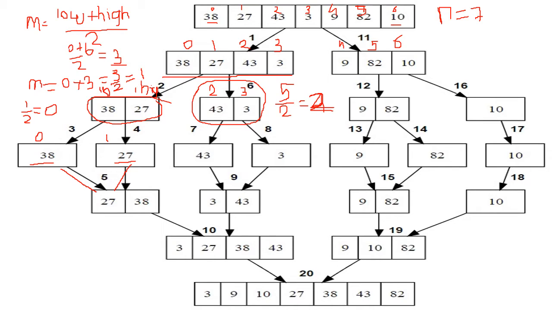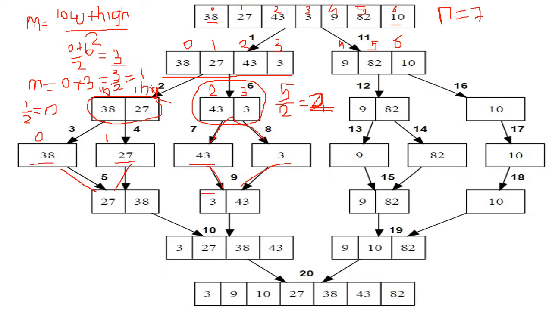Then the division of this sublist is into 43 and 3. Again each list contains a single value, so we can't divide this sublist further. Then merging of this list.